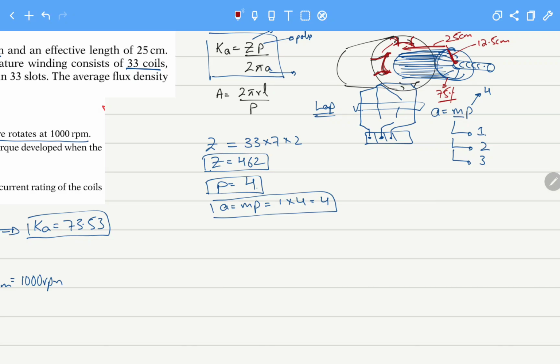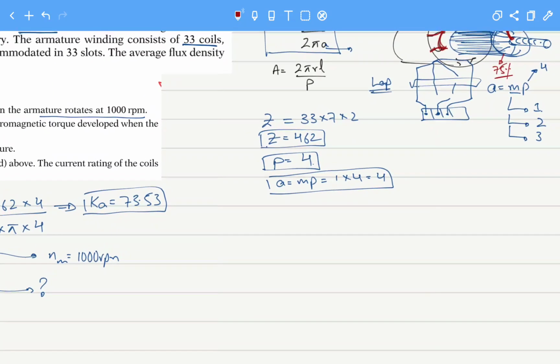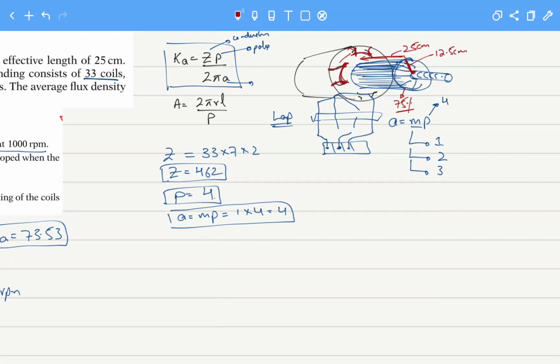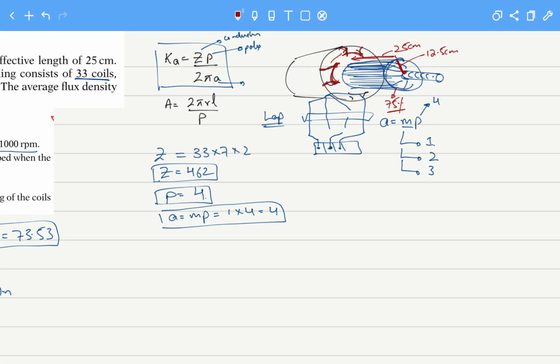So if this is the status of our machine, can we calculate the pole area, the total area? This is a cylinder. Can we calculate the area of a cylinder?